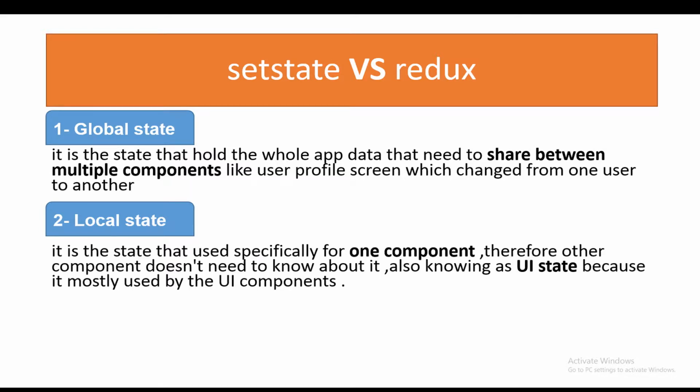The local state is the opposite, the state used specifically for one component. Therefore, other components don't need to know about it. It is also known as UI state, because it is mostly used by the UI components. Global is shared between multiple components, and local is state for one component.